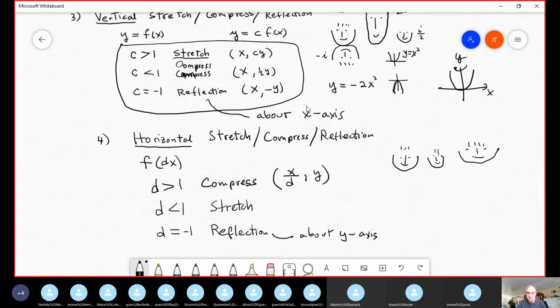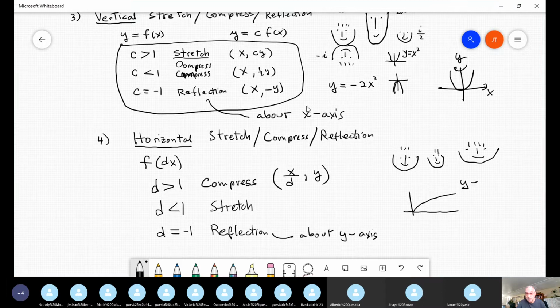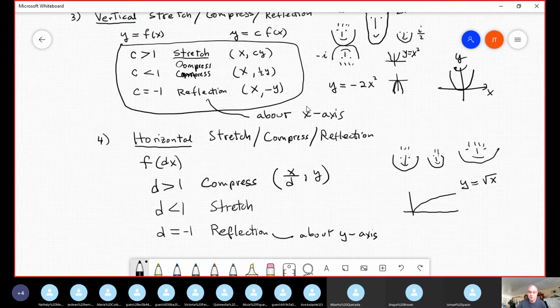But I'm using another function. Suppose I'm using, from the library of functions, the square root function. This is the function y equal square root x. When you introduce -1 inside the parenthesis, look at what happens. You put here y equal square root of -x.